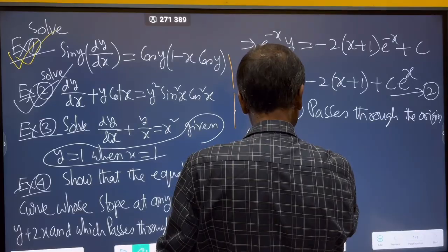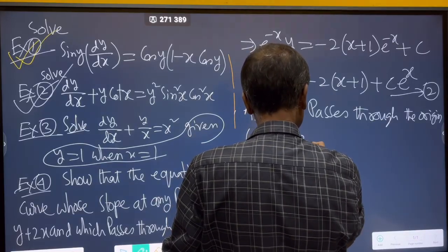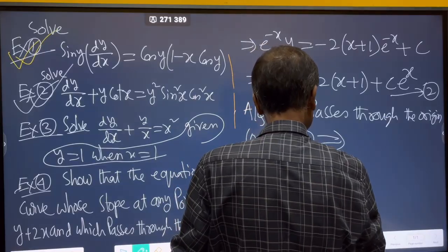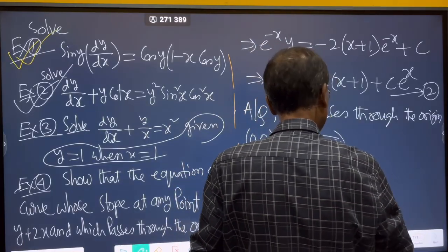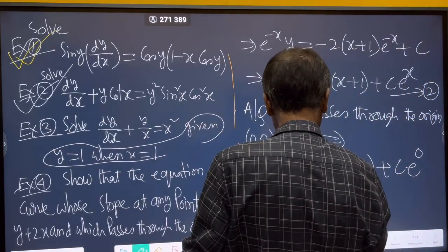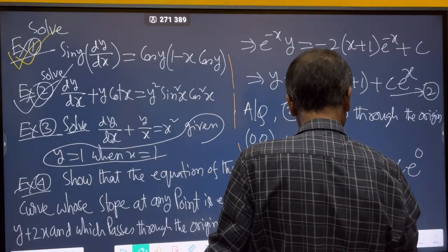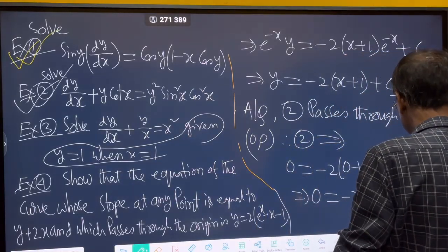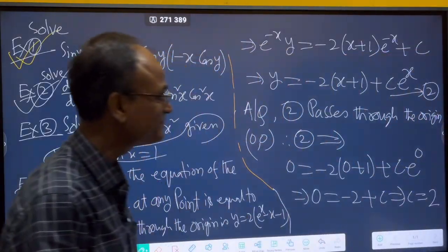Therefore, from 2 you will get 0 equal to minus 2 times 0 plus 1, plus c e to the power 0. This means 0 is equal to minus 2 plus c. This means c is equal to 2.